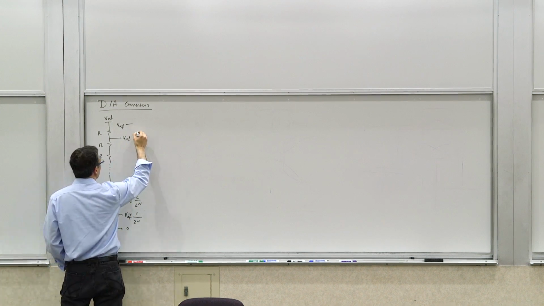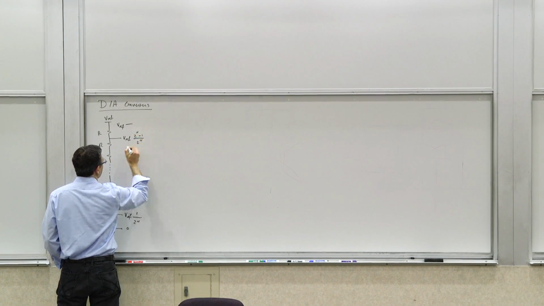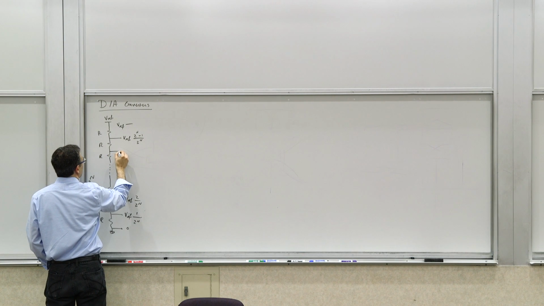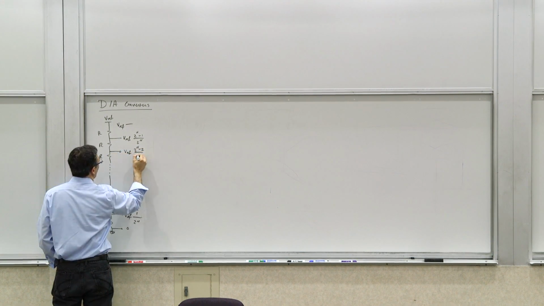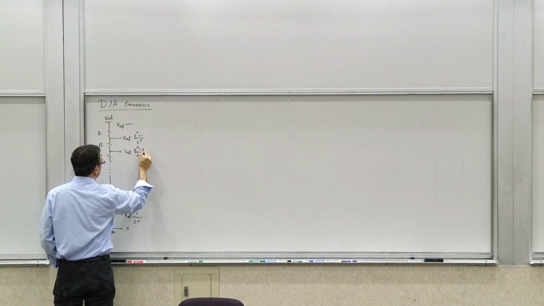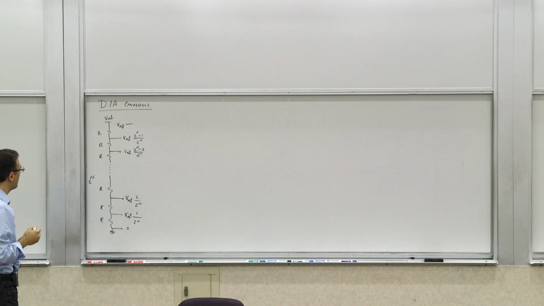So this is going to be (2 to the N minus 1) over 2 to the N. And this node would be Vref times (2 to the N minus 2) over 2 to the N, and so on and so forth. So you have these voltages established, right? These are all the voltages you would need for an N-bit DAC. So you have created all these things.